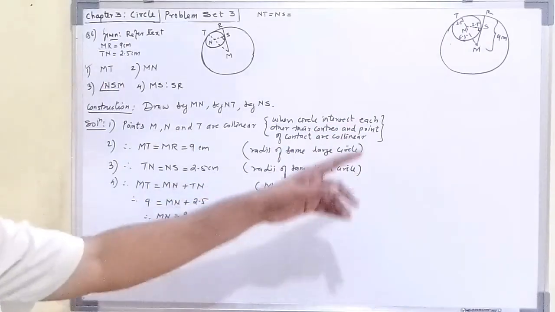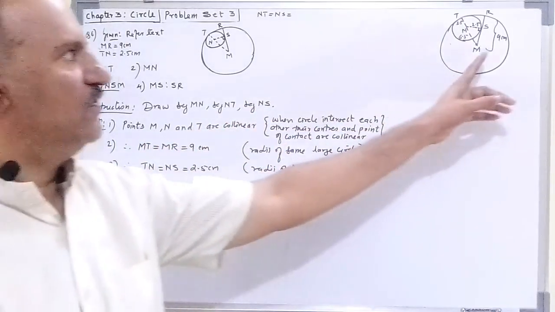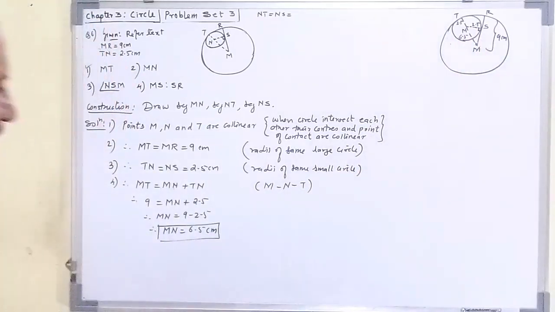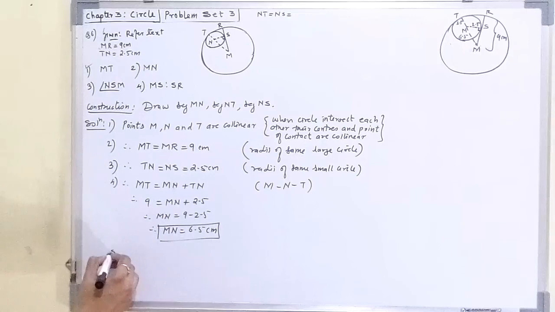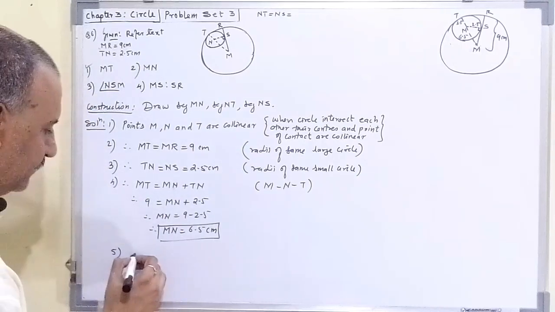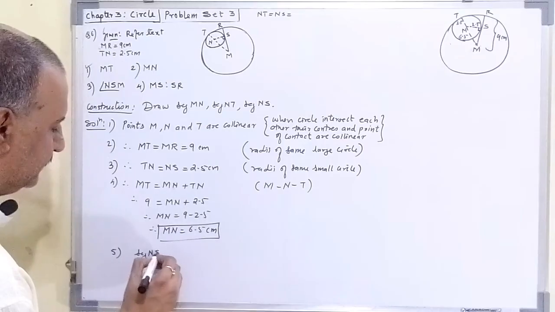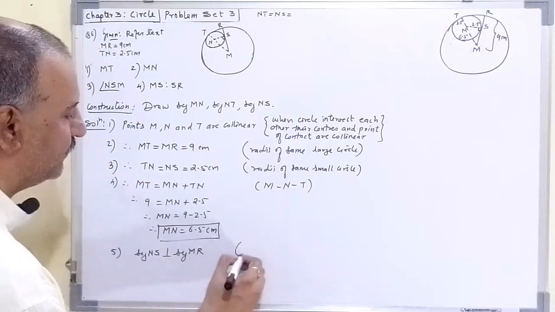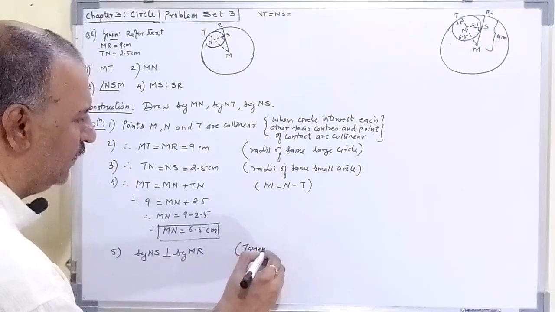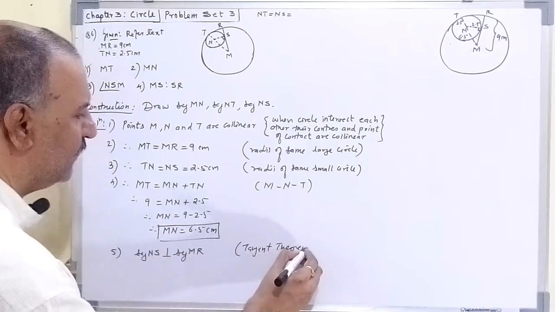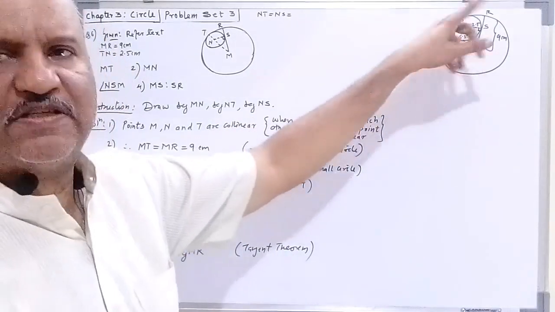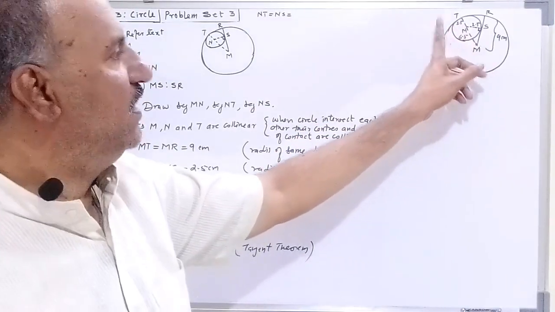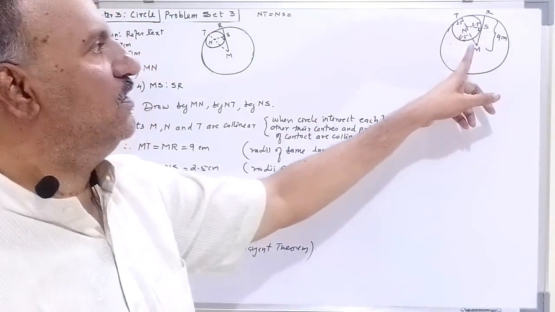See, I got MN and I already know NS. तो Pythagoras से you can find MS. लेकिन उसके पहले हमें वो एंगल बताना पड़ेगा, 90 डिग्री. Statement number 5. Now segment NS perpendicular to segment MR, tangent theorem. देखो, this tangent MR is a tangent to the smaller circle and N is the center.